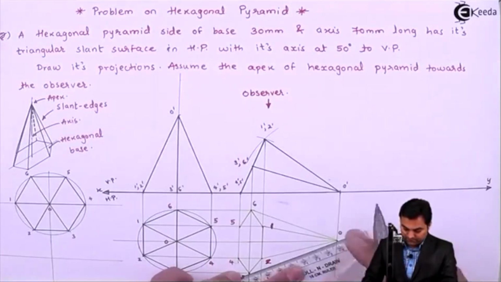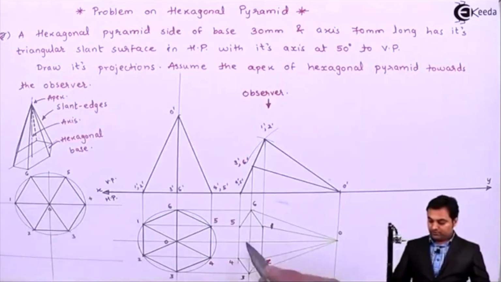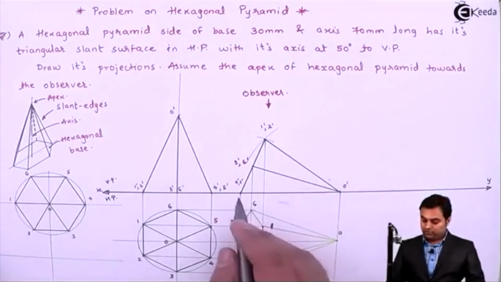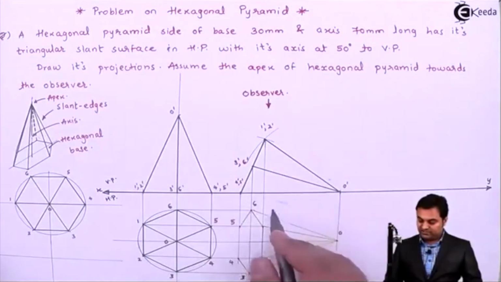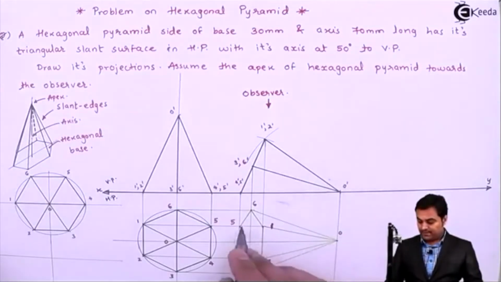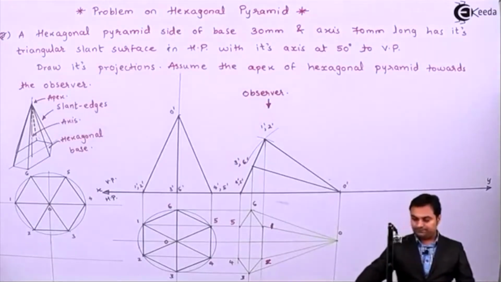So O to 3 will be visible. But only points 4 and 5 are going behind the observer. So the edge which is connecting them, that is 4 dash O dash, 4 to O, will be hidden, and 5 to O will be hidden. First I'll make this portion dark.